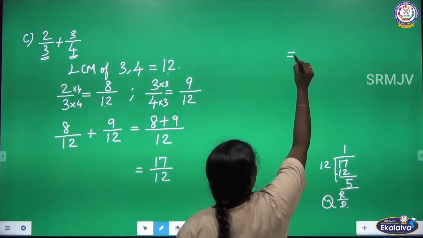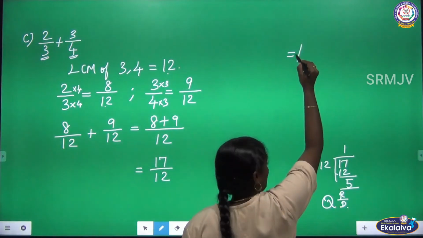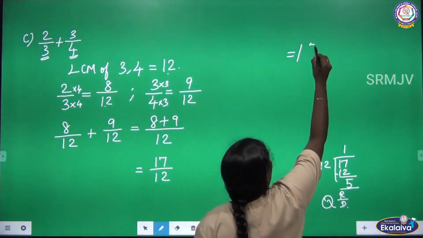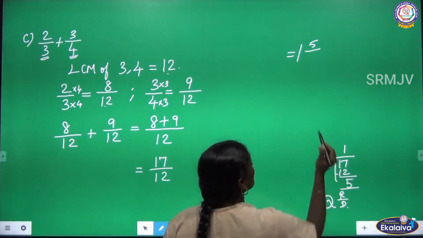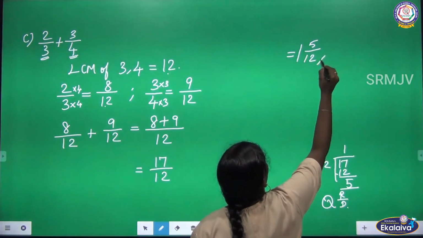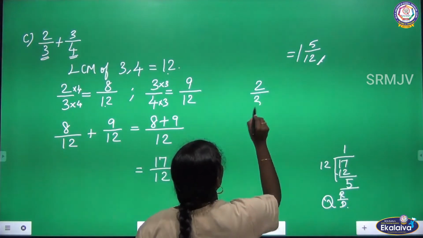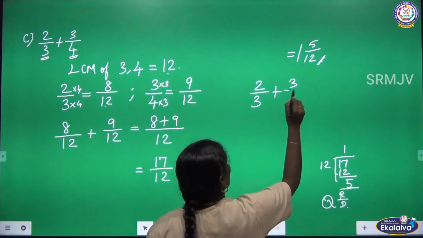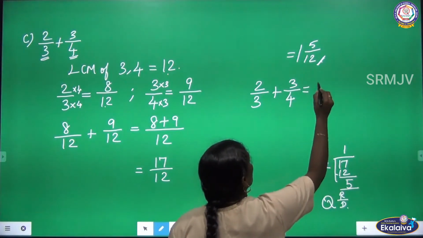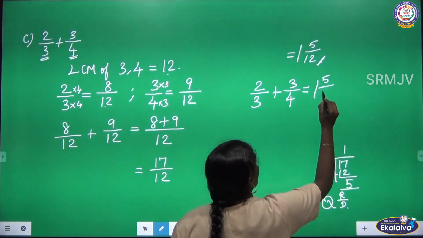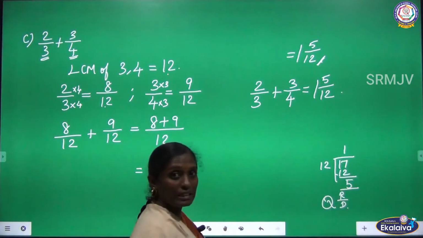So quotient is 1, remainder is 5 divided by the divisor is 12. So 1 5 by 12 is the answer. So the answer is 2 by 3 plus 3 by 4 is equal to 1 5 by 12. Is it clear, children?